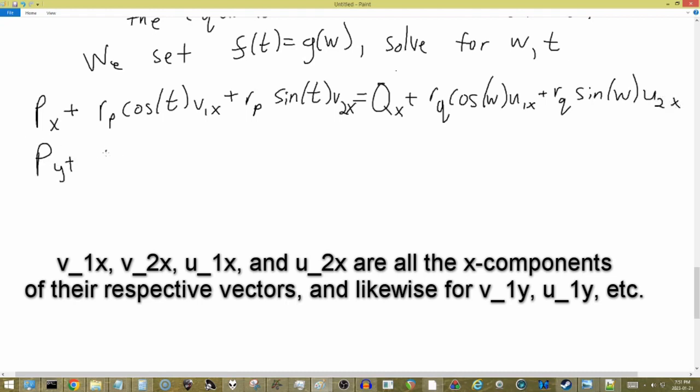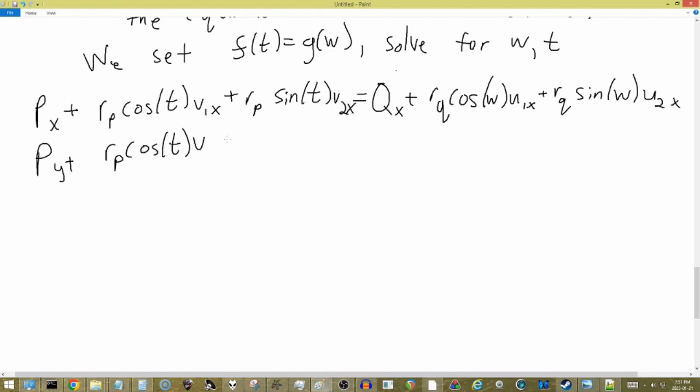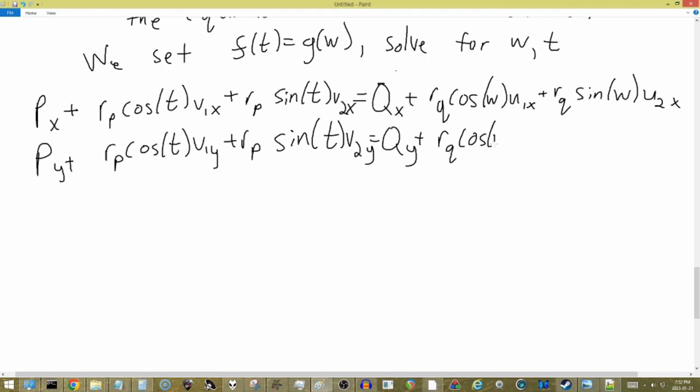Py plus, we're just basically doing that for the y components now, rp cos t v1y plus rp sine t v2y equals qy plus rq cos w u1y plus rq sine w u2y.